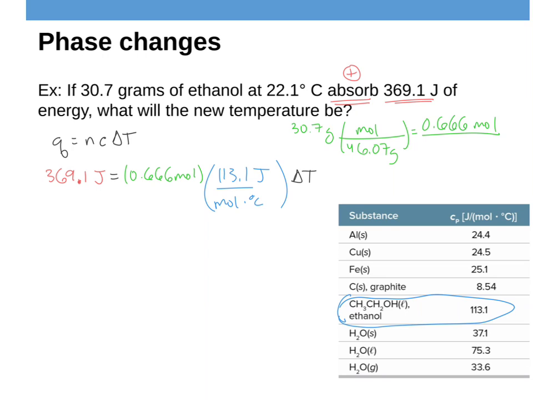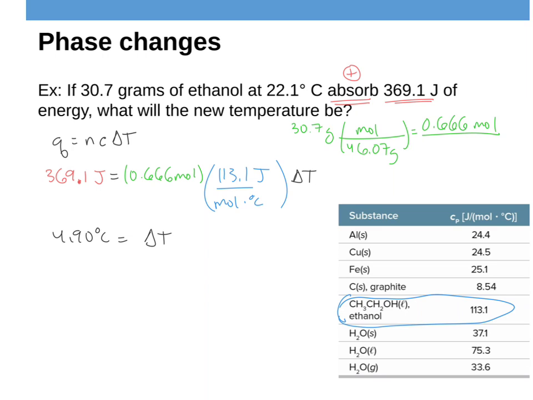So I'm going to solve for everything, which means dividing by 0.666 and dividing by 113.1, so I can get it over on the other side. Which means my delta T is going to equal, if I moved all that stuff over, 49.0 degrees Celsius, right?